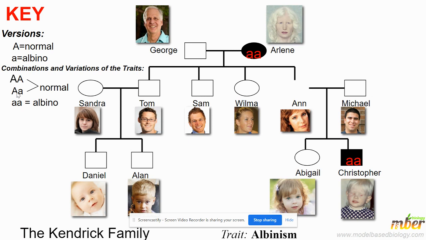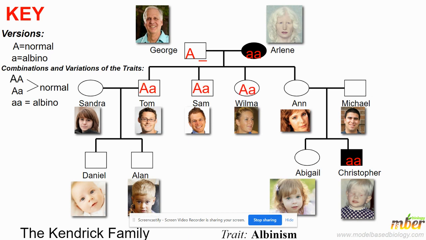Given that, we know that Arlene and Christopher, who both very clearly display the traits of albinism, are going to both be little a little a. And George, Arlene's husband and father of her children, we don't quite know what his are. We know he definitely has 1 big A, but we don't know what the second one is because he could be big A big A, or he could be big A little a as a carrier of the trait.